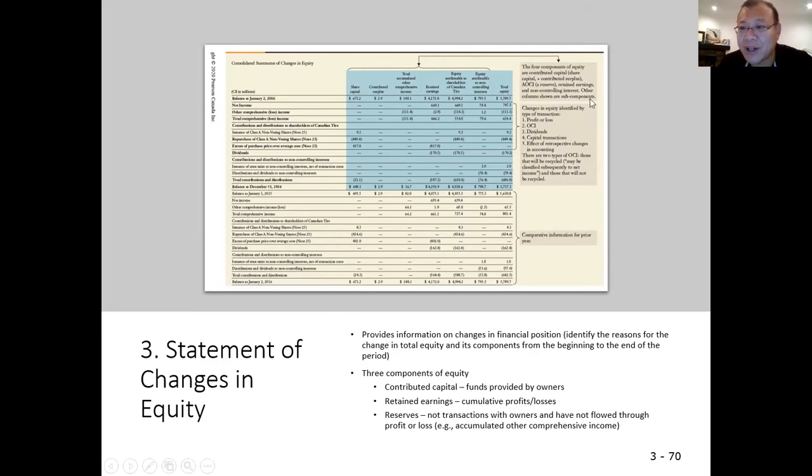So they are really running out of space, right? So they don't want to make this form too wide, right? Therefore, instead of presenting 2015 information side by side to make this form really, really wide, they present it at the bottom of the prior year number. Okay. So, but you need to have the comparative information.